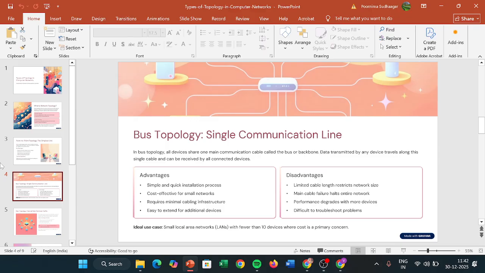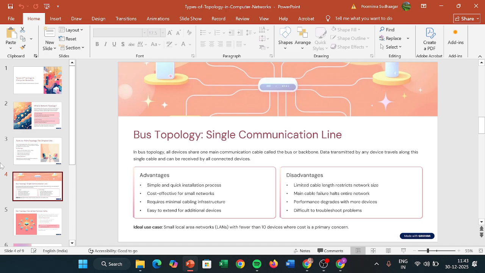The advantages of bus topology are a simple and quick installation process, it is cost effective for smaller networks, it requires minimal cabling infrastructure, and it is easy to extend for additional devices.